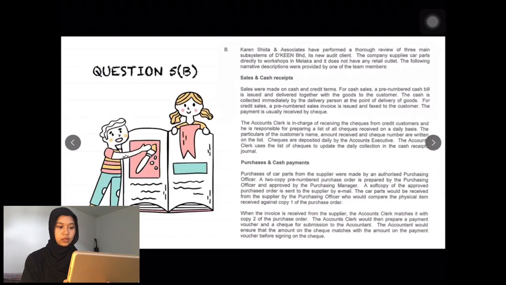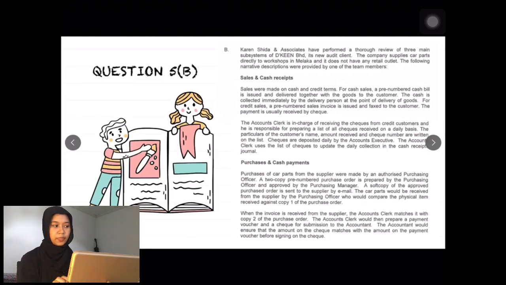Okay. So after we read the question, kita dah baca semua, kita daripada sales and cash receipt kita dapat baca, kita dapat jumpa tak ada, kalau semua perasan, tak ada discussion between the customer and the workshop. The customer and the workshop tak ada perbincangan antara mereka tentang harga yang ditawarkan kepada customer tu.